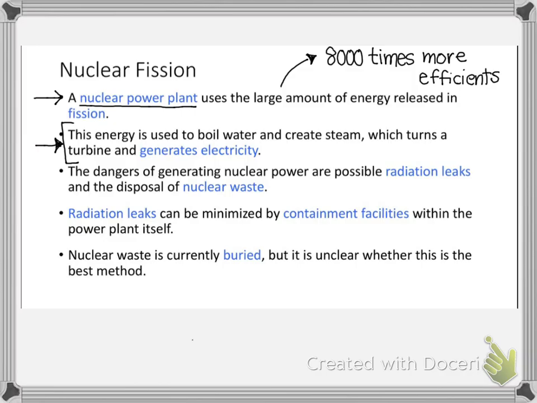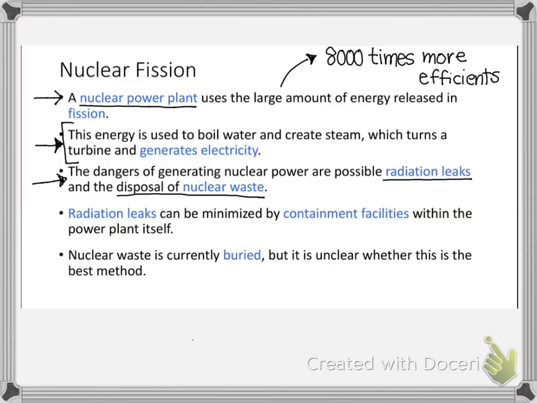So an advantage to nuclear power is it's very efficient, right? Things you have to consider, there's a couple things. One is the radiation possibility of leaks or accidents. And two, which I think is a big one, is how do you get rid of the waste? Because some of the products generated in the nuclear reaction are also radioactive.